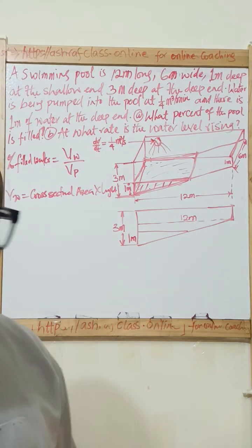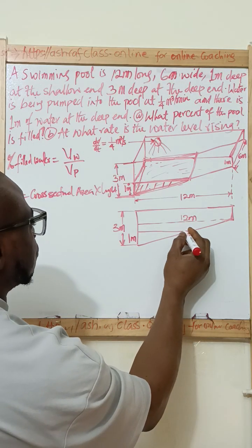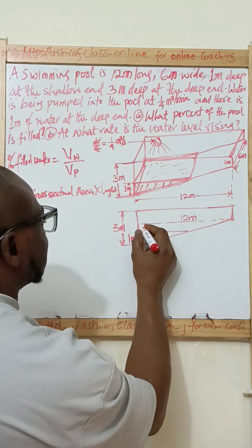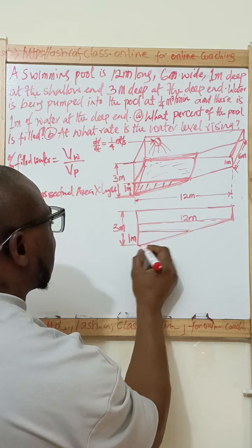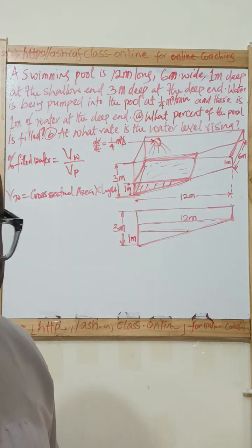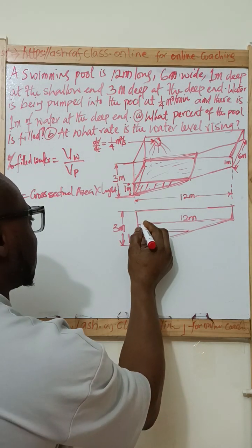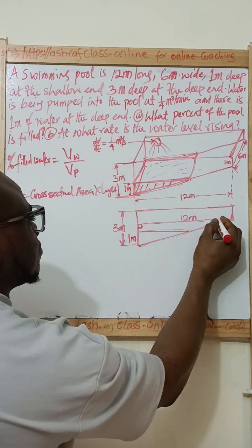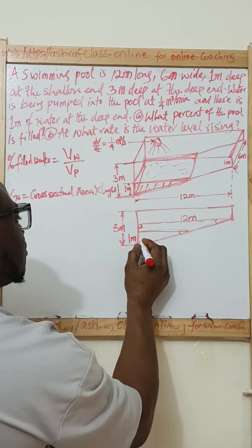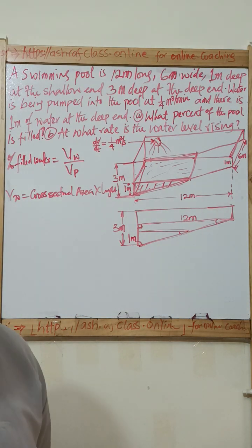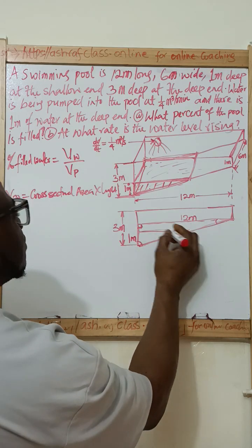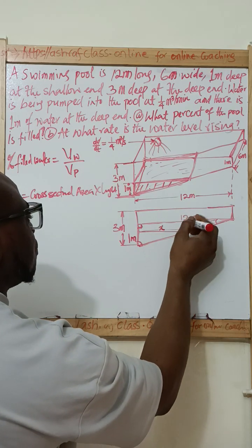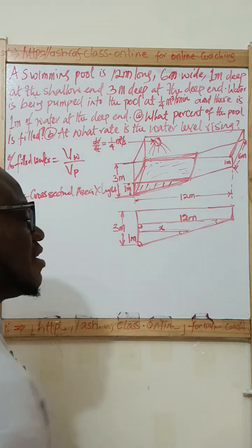If we use similar triangles, you can see that two triangles are formed here. One triangle here, then another triangle here, and the two triangles are similar. They have the same angle here, the same angle here, and the same angle here, so they are similar in every respect. When they are similar, this side will also correspond to this side.